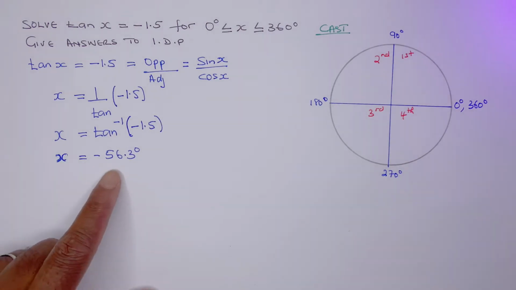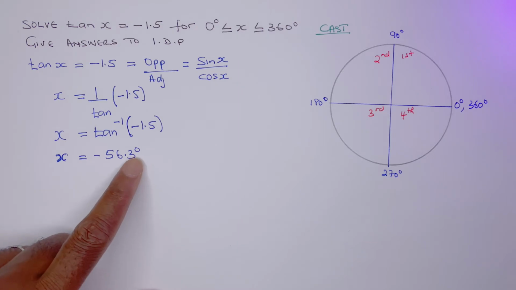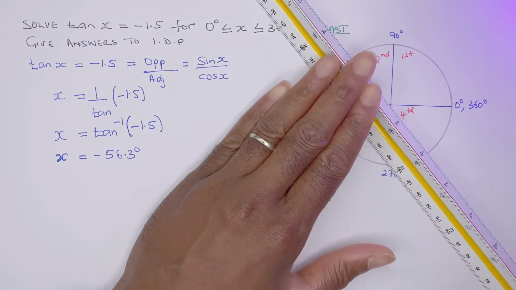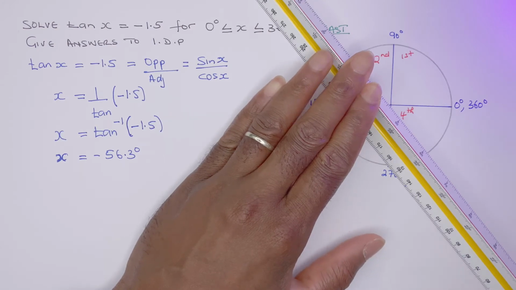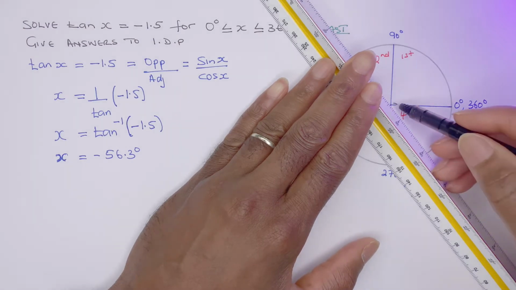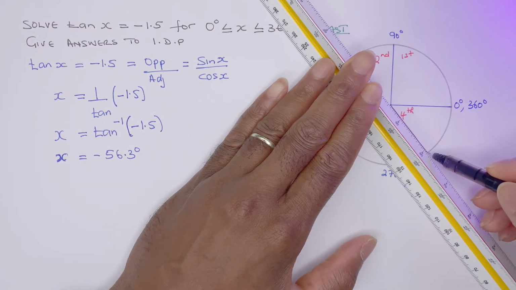The question is saying we need minus 56.3 degrees. So if I get my ruler and measure the 56.3, obviously using protractor, what I'm doing is just a rough estimate now. So let's assume this is the angle here.